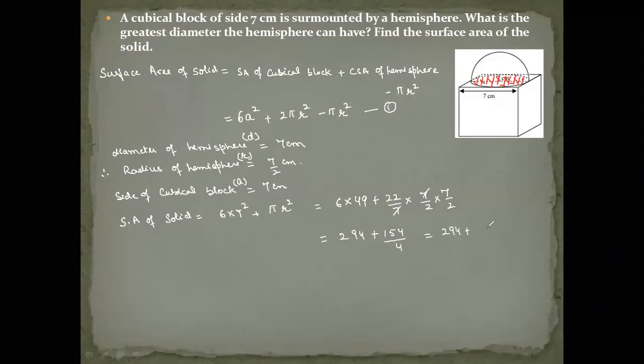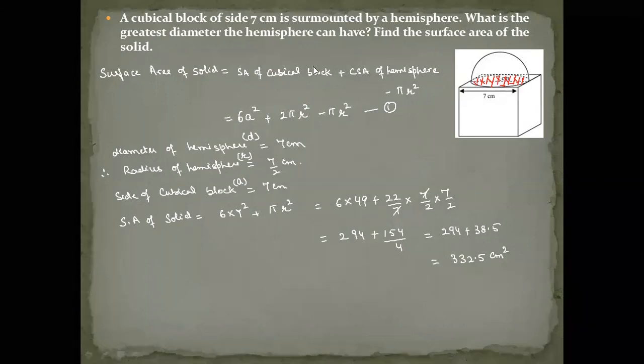294 plus 38.5. So if we add this value, we have here 332.5 centimeter square. So this one is the total surface area of this given solid, and that is surmounted by a hemisphere. And first we find its greatest diameter.